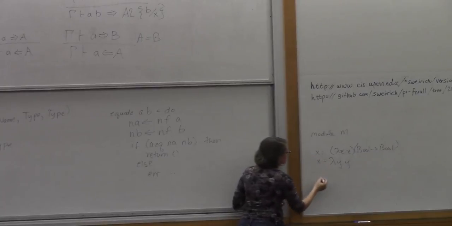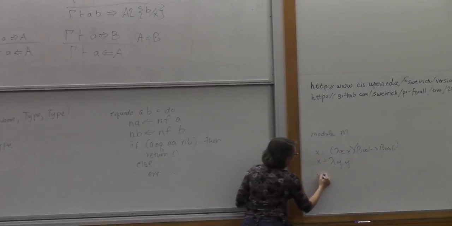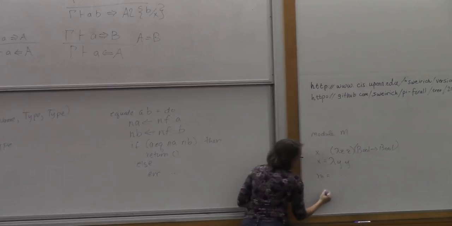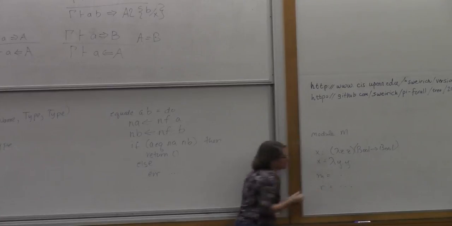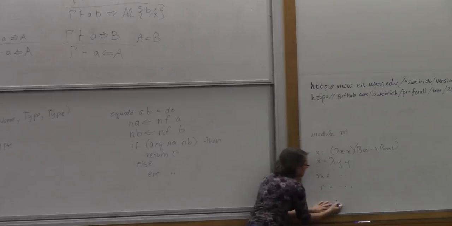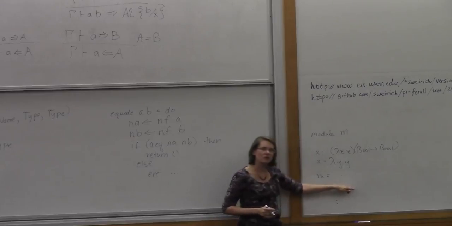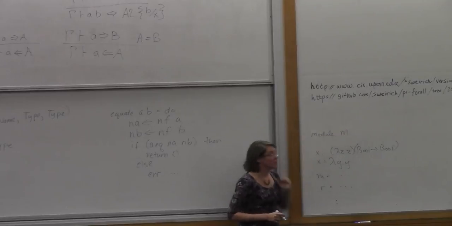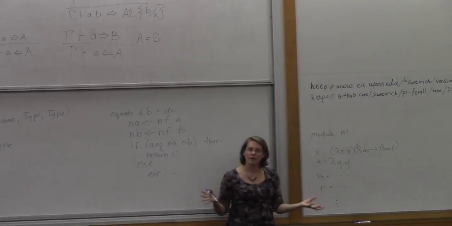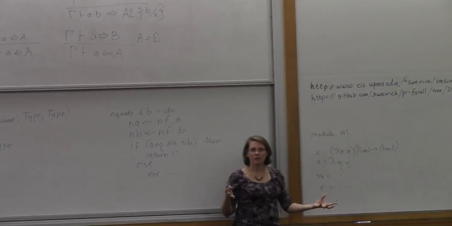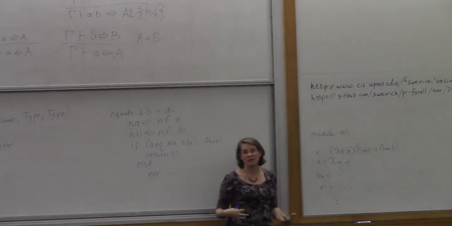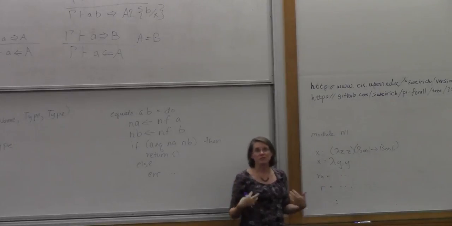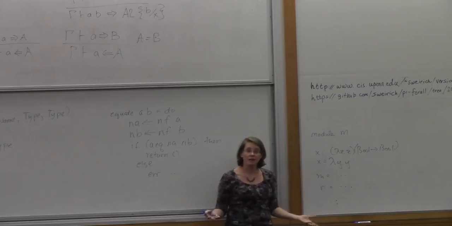X is this, M is that, R is that, and the types of later things are allowed to refer to things defined earlier, just like when we were encoding AND. We defined what AND was, and then defined some operations that had AND appearing in their type.